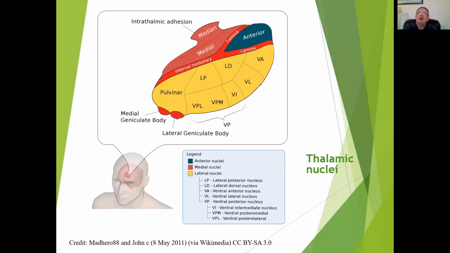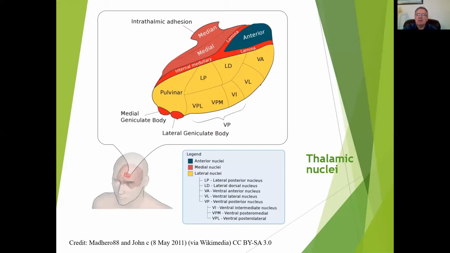You have the pulvinar here. That basically projects visual information about eye movements from the superior colliculus to higher order visual areas. The higher order areas means they're not the primary visual cortex. The higher order visual areas lie outside, close by to the primary area, but they do process specific aspects of the visual information.